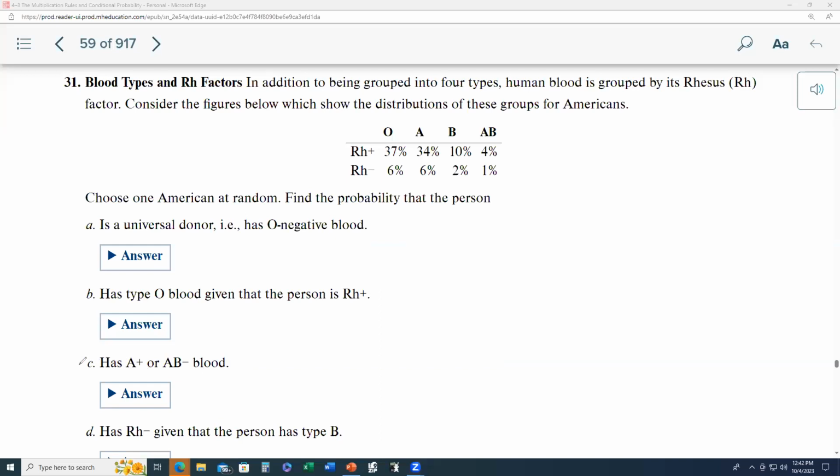Probability that person has A positive or AB negative. This is an OR probability, which means we're going to have to add these individual probabilities together. So we tap into an addition rule. So this is the probability we select somebody that's A positive, added to the probability we select somebody that's AB negative.